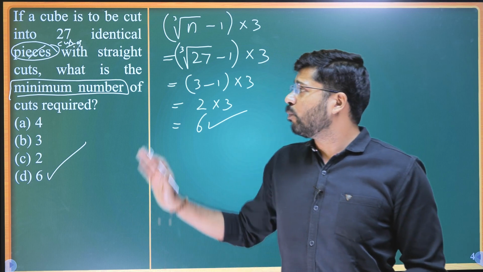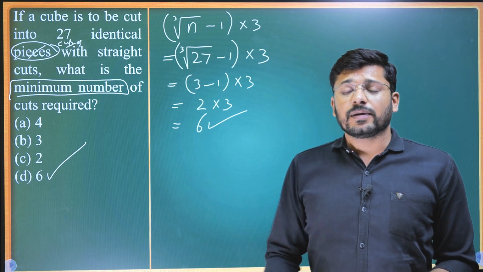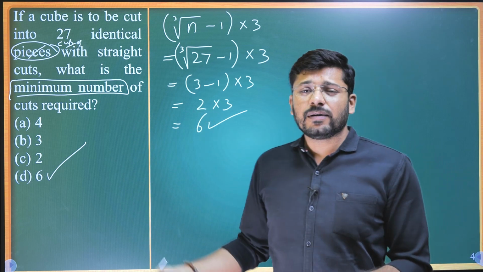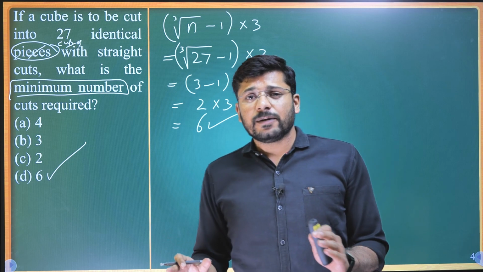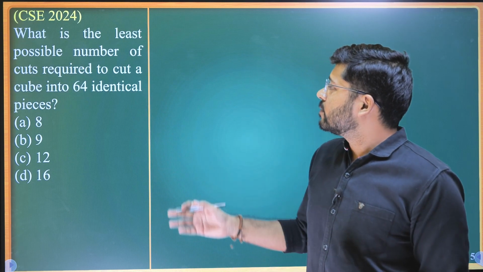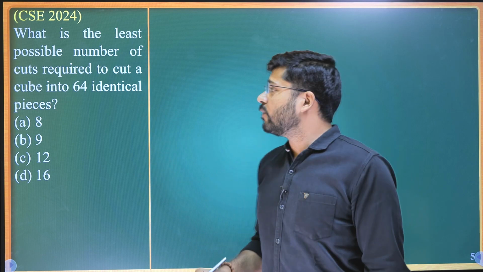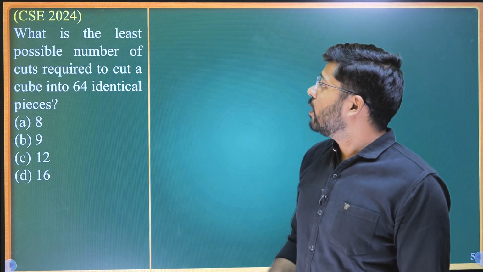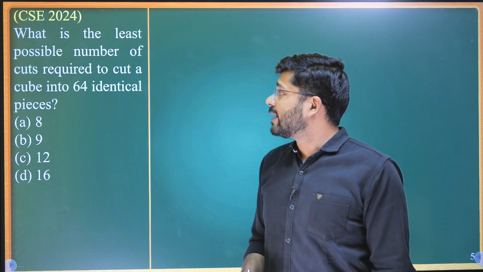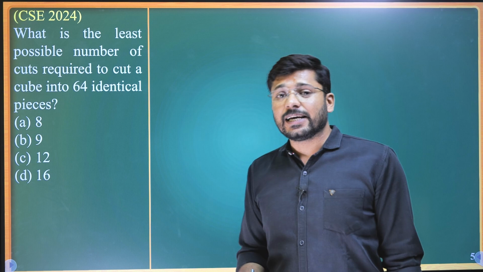Okay. Now based on this, we will go to our next question. Same concept, not much difficulty, just the number gets bigger. This was asked in the CSAT 24 paper. What is the least possible number of cuts required to cut a cube into 64 identical pieces?